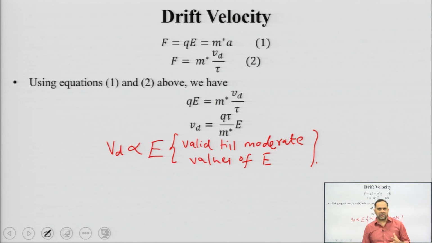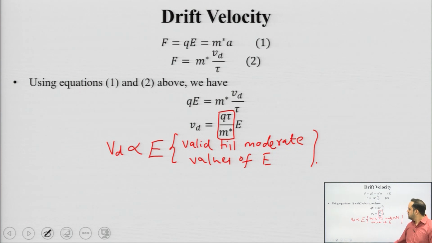At very high electric fields, we are going to see later on that this relationship does not hold true, but for now for the discussion of drift current, we can safely say that the drift velocity is directly proportional to the electric field which has been applied across the semiconductor, and the constant of proportionality is this. This is your constant of proportionality. Okay. So, if drift velocity is directly proportional to E, this term here is my constant of proportionality.